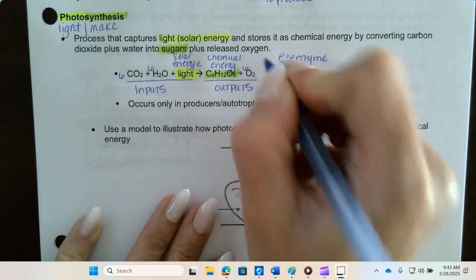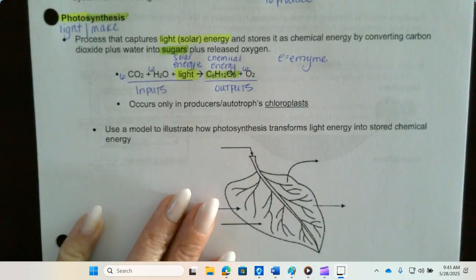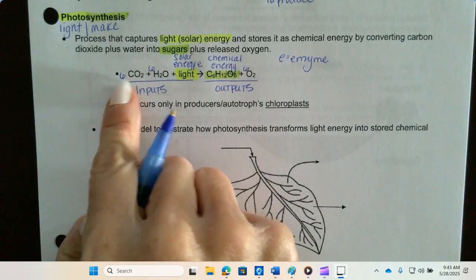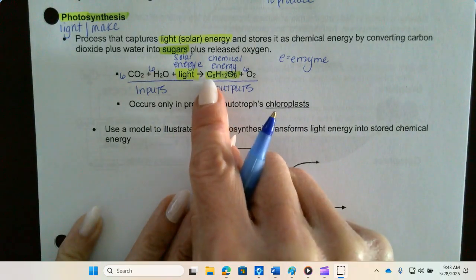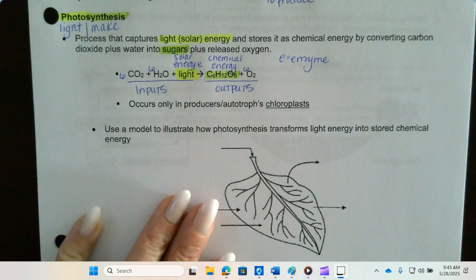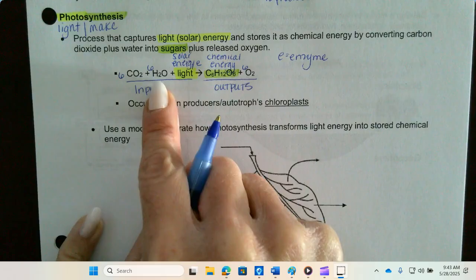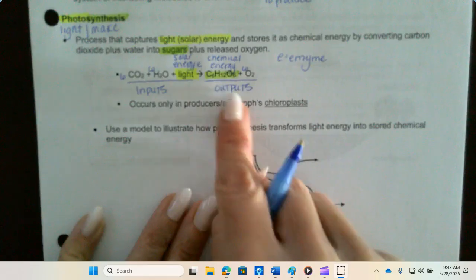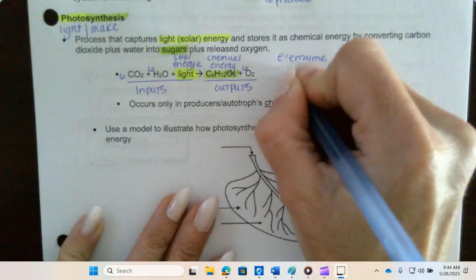I'm just using them right now so that we can show however many carbon we started with is how many carbon we end with. So here, this means I have 6 carbon. In the end, right here, I look at that number, I've got 6 carbon. Let's say I want to look at hydrogen. Hydrogen would be 6 times the 2, so I've got 12 hydrogen. And then over here I also have 12 hydrogen. So that's a big idea.